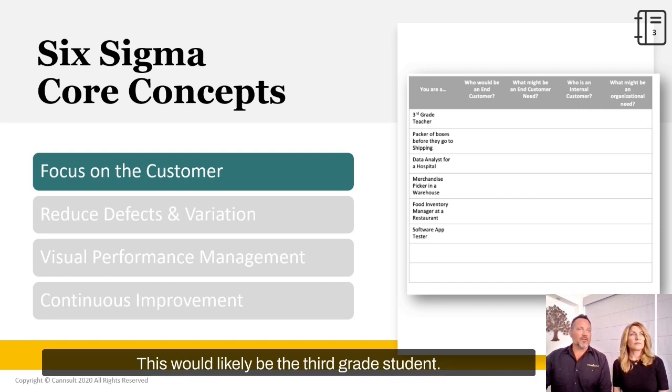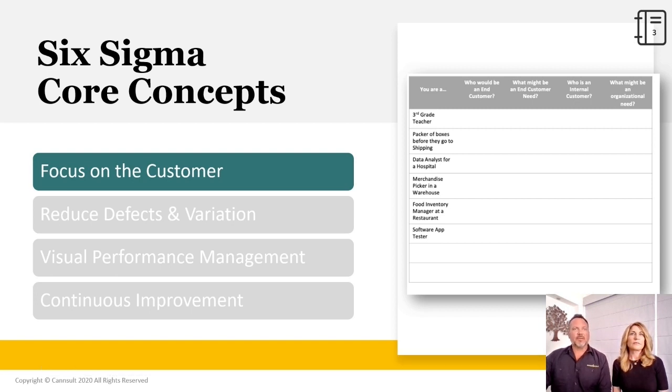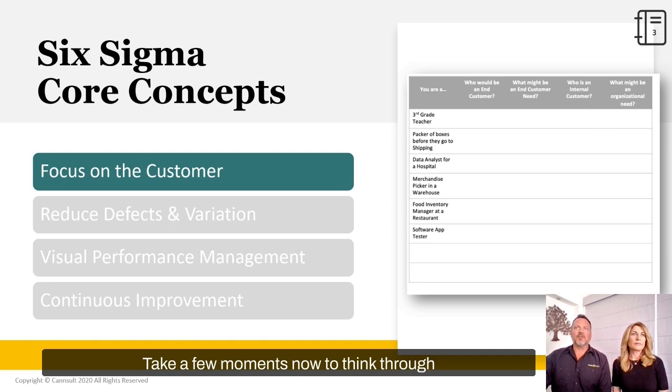This would likely be the third grade student. What would the customer's needs be? Who might be an internal customer? Maybe the office staff who collect your reports? What might the organization need? Take a few moments now to think through these questions to help get your mind thinking about requirements from different perspectives.